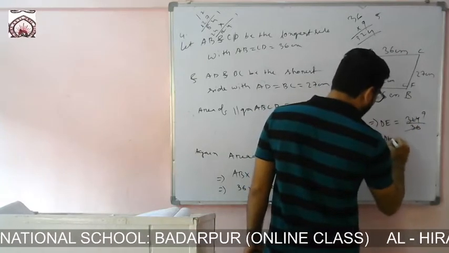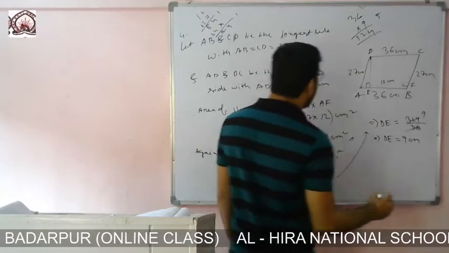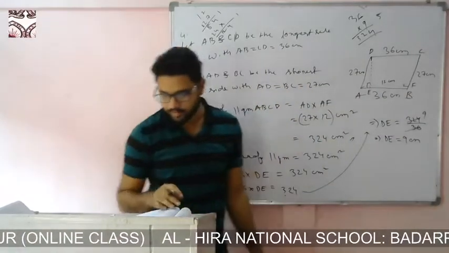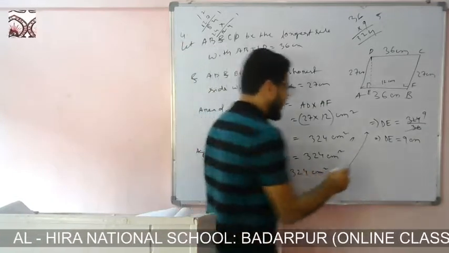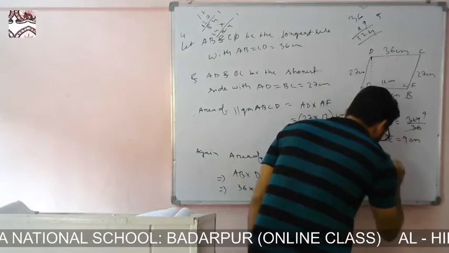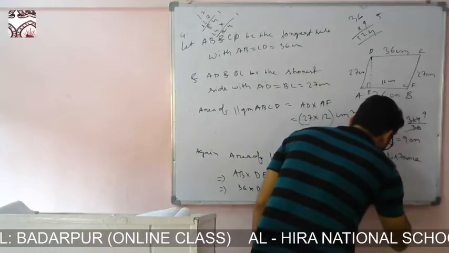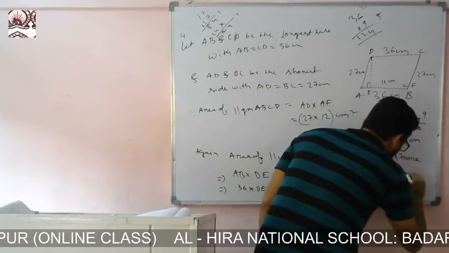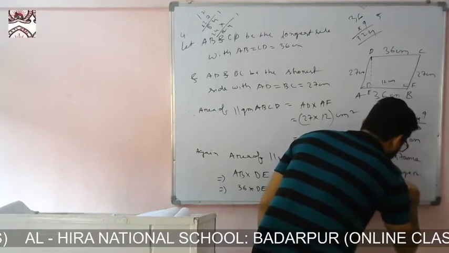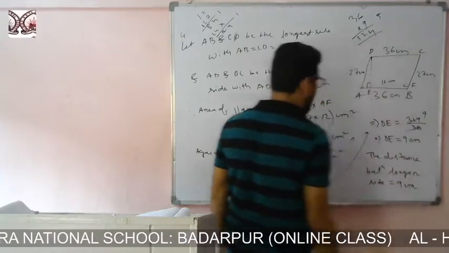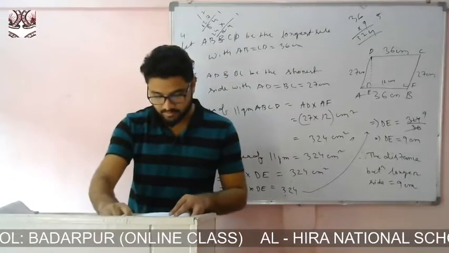So DE will be 9 centimeter. Now the question asks, find the distance between the longer sides. Therefore, the distance between the longer sides equals 9 centimeter. That is the altitude. So that is the answer.